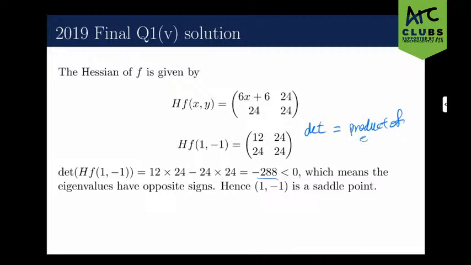You should have learned that from first year, but maybe a little bit forgotten. The determinant is the product of the eigenvalues, and the trace, which is the sum of the diagonal entries, is the sum of eigenvalues. So if the determinant is negative, the product of the eigenvalues is negative, which must mean these two eigenvalues have opposite signs. One is positive, one is negative, so it's a saddle point.